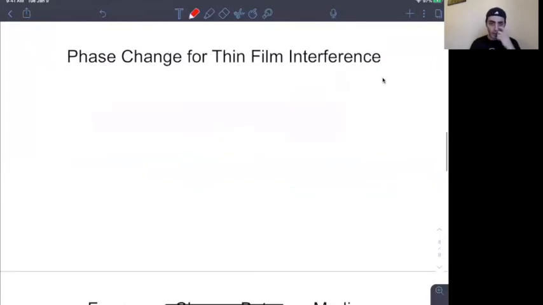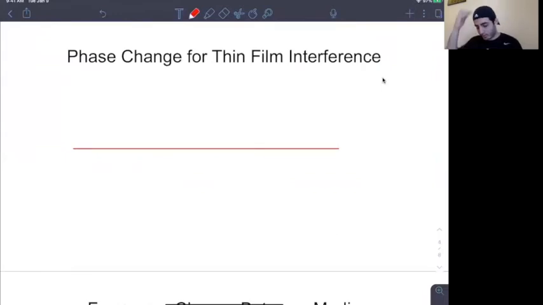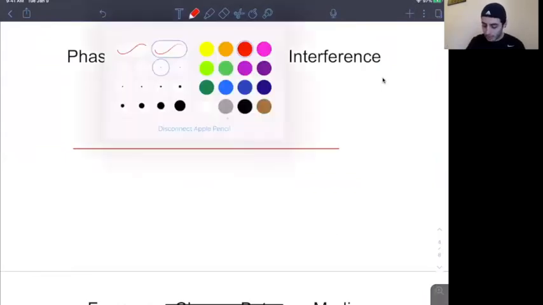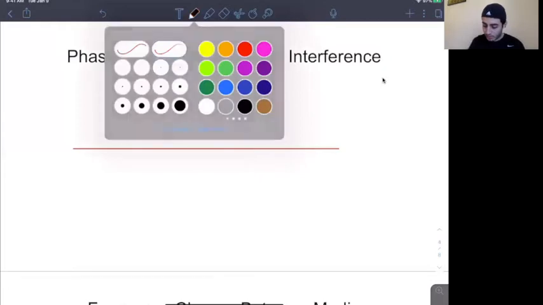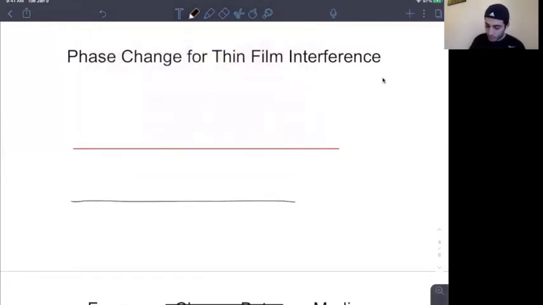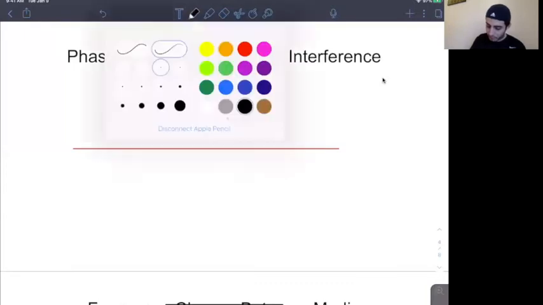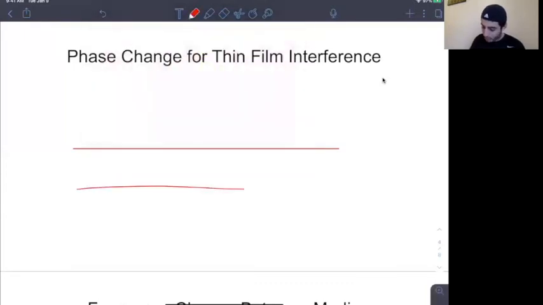So how exactly does the phase change for thin film interference? How can we understand this? Let's look at the border of a medium, and we'll draw two of these. Here would be delta x, right?